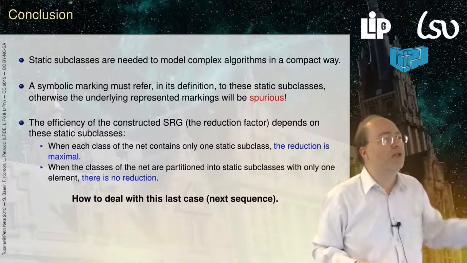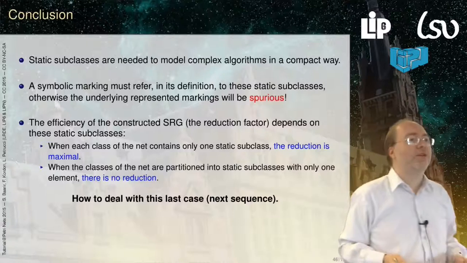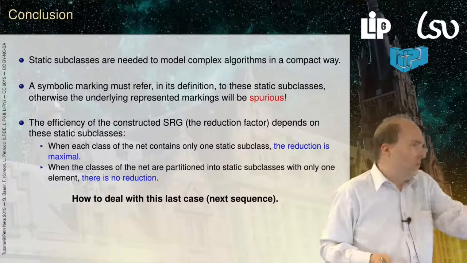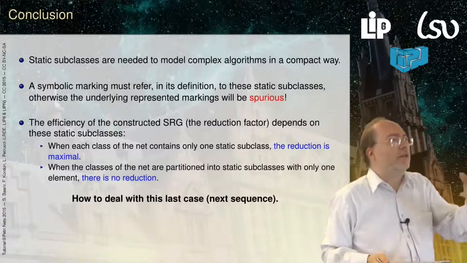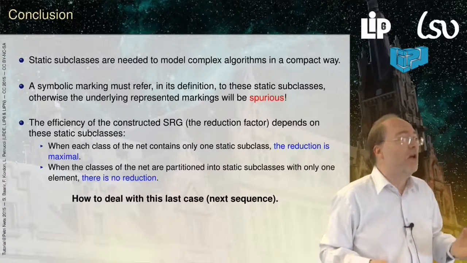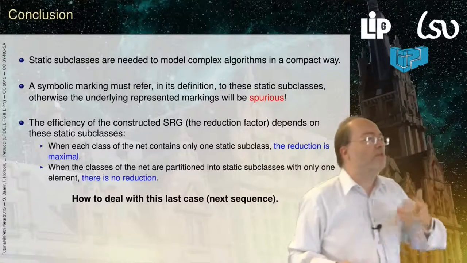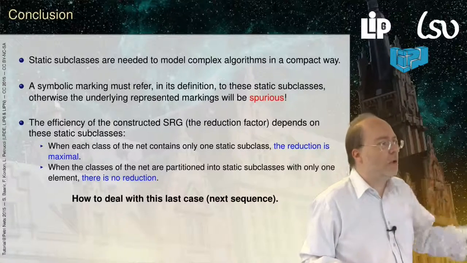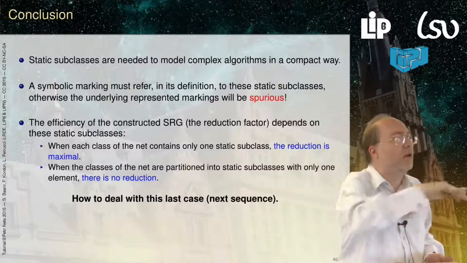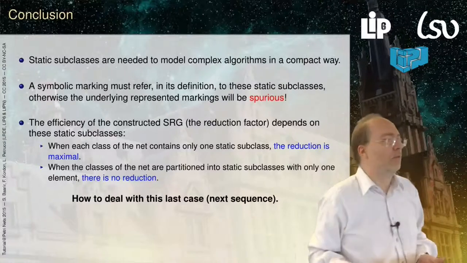For example, if you have a token ring or if you have a DHT, distributed hash table, sorry, then you have a common algorithm, but you must consider that you may have some phases in the execution of your algorithm where there are some differences. For example, initializing your system or terminating your system, you might be in a situation where you have no symmetry at all, or at least the symmetry you are expecting in the global execution of the system is not true.